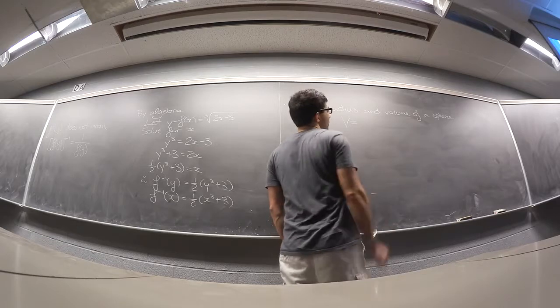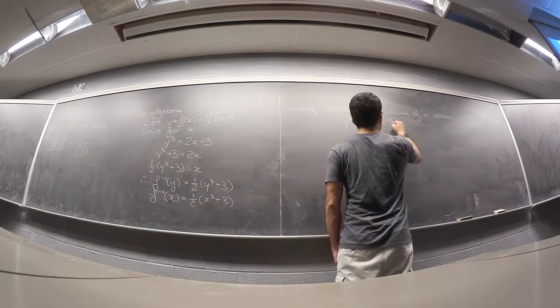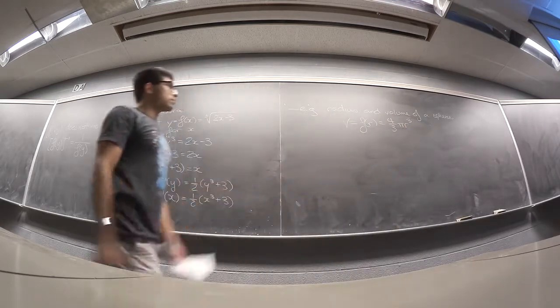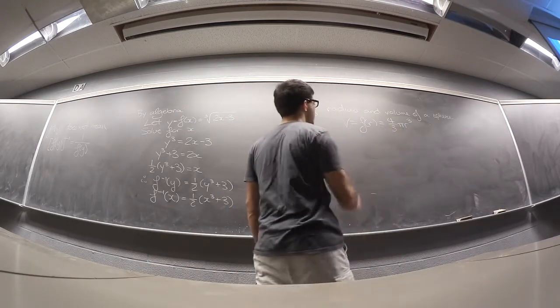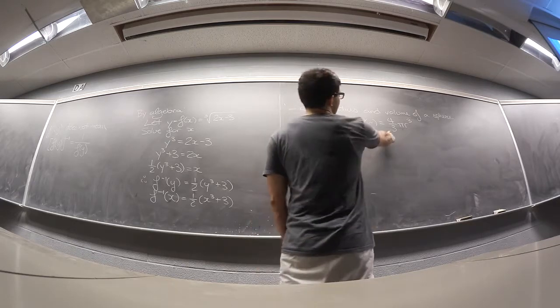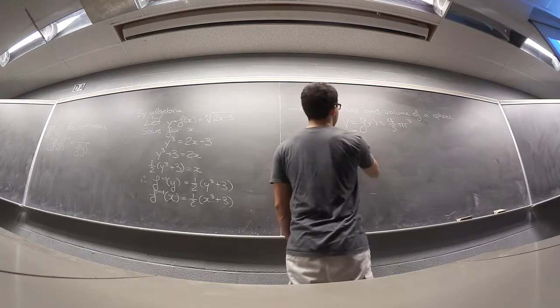The volume of a sphere of radius r is given by 4/3 pi r cubed. If we invert this thing, how do we do that? Again, we solve for r. Multiply both sides by 3/4. Here, I'll do the whole thing.